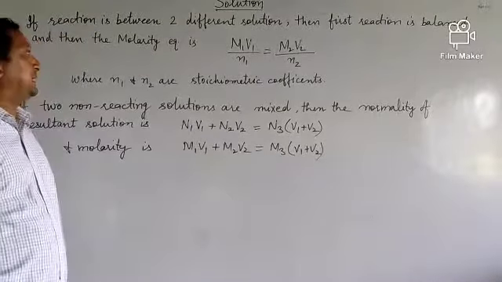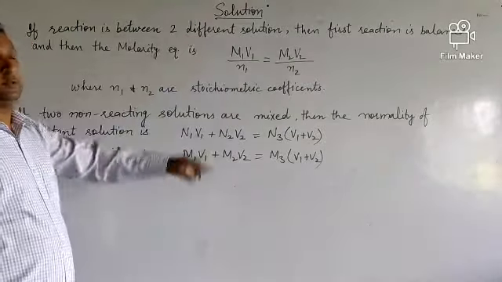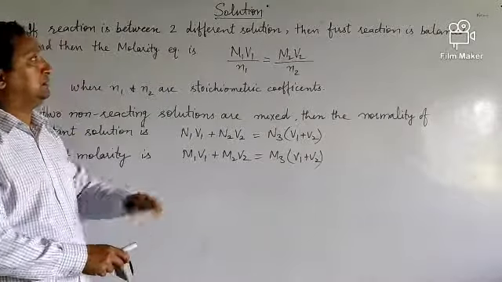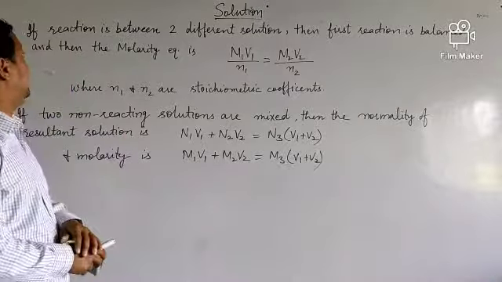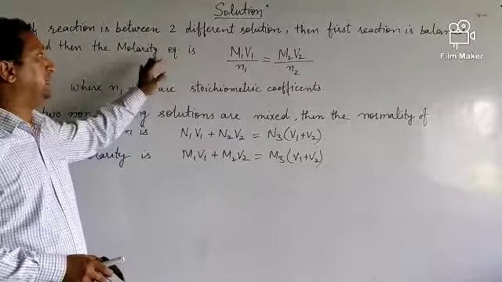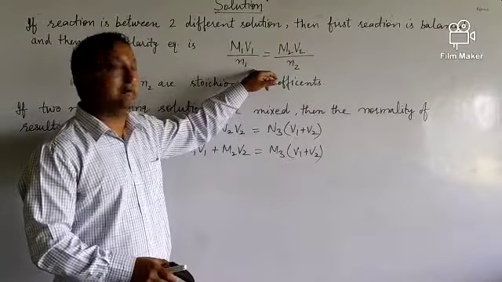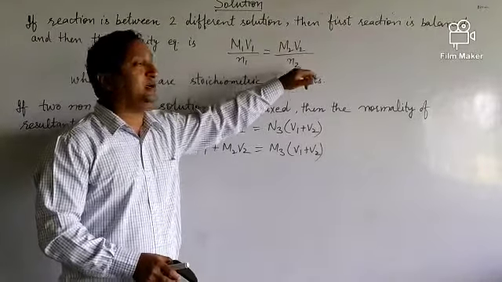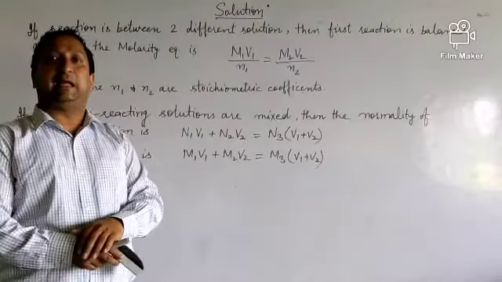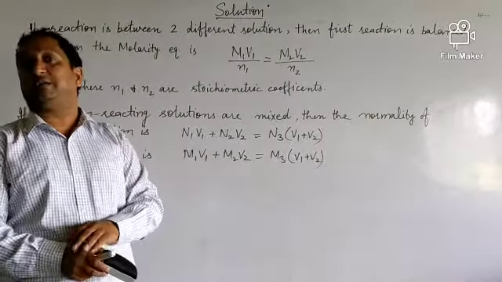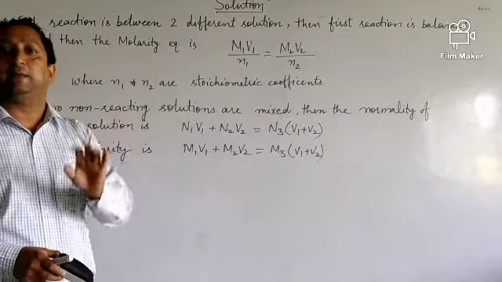Students, if the reaction is between two different solutions, first of all we have to balance the reaction. Then the molarity equation becomes M1V1 upon n1 equal to M2V2 upon n2, where n1 and n2 are the stoichiometric coefficients which appear in the balanced chemical equation.